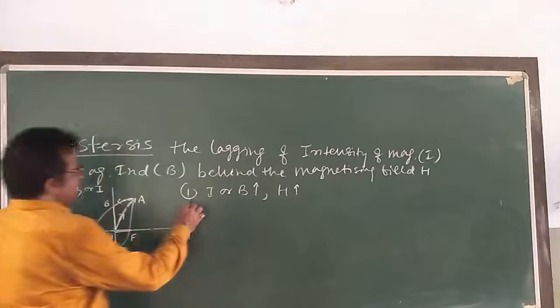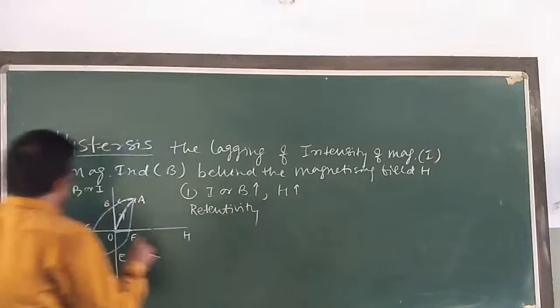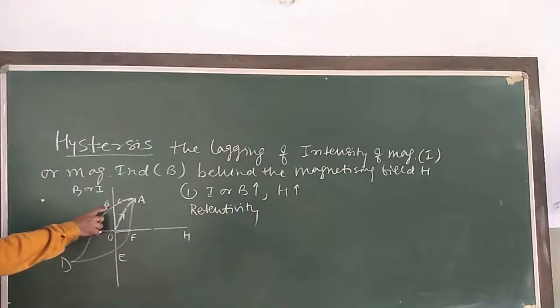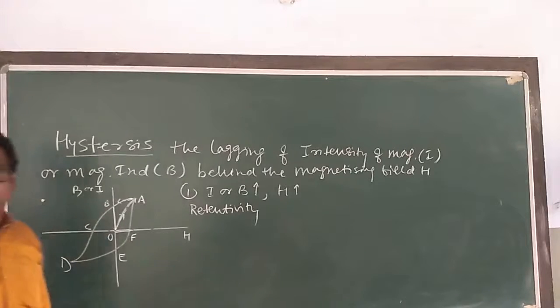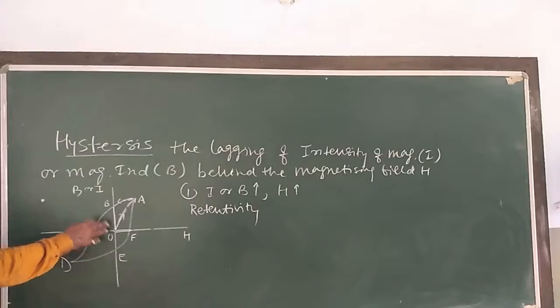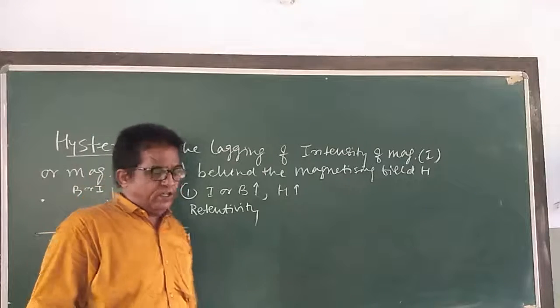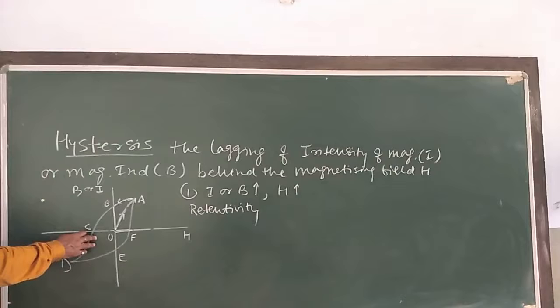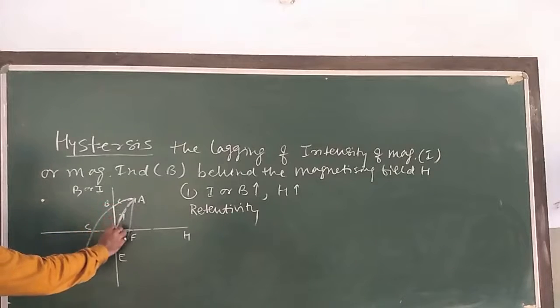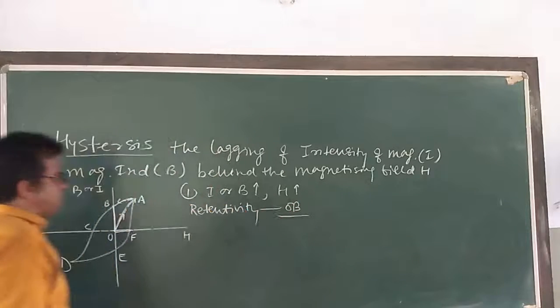This property is called retentivity, the value of I or B of a material when the magnetizing field H is reduced to 0. This is also called residual magnetism. Residual magnetism or retentivity is measured by the part OB of the curve.